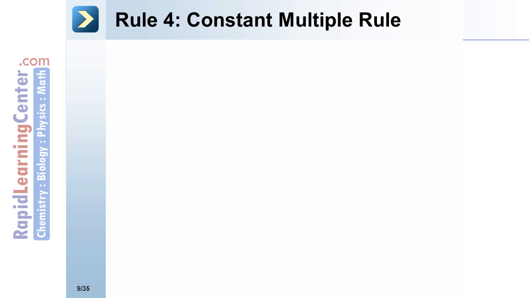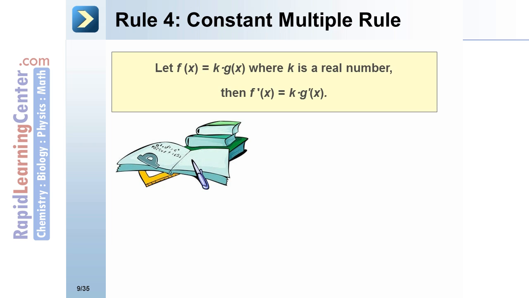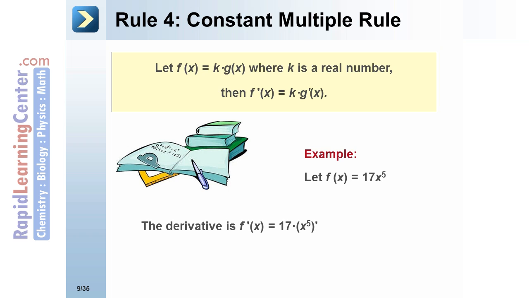Rule number 4, the constant multiple rule. Let f of x equal k times g of x, where k is a real number. Then f prime of x will equal k times the derivative of g of x. Let's say we have f of x equal 17x to the 5th.